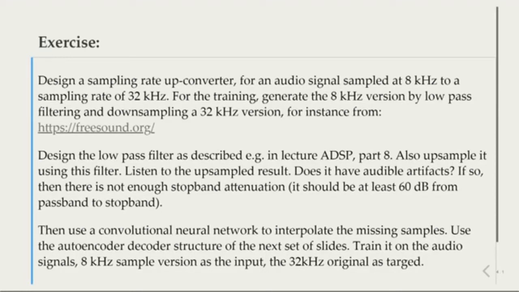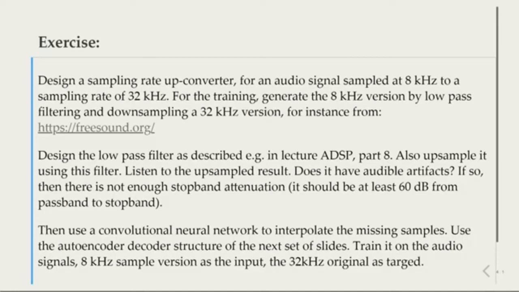So you can have, for example, audio samples taken from freesound.org. The task is to design the low-pass filter as described, for example, in ADSP tutorial part 8, and also upsample it using this filter.